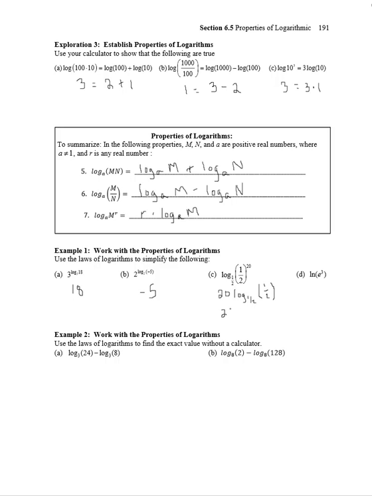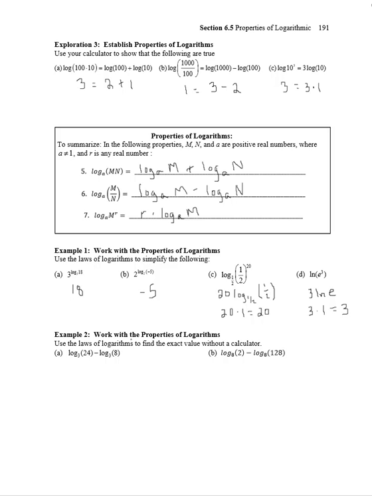So we have 20 times 1, which equals 20. And for the last one, remember, natural log has a base of e, so this is 3 natural log of e, because we can bring the exponent down front, which is 3 times 1, which is 3.